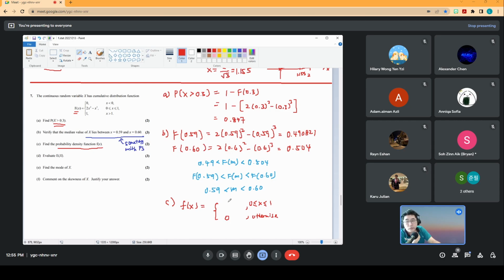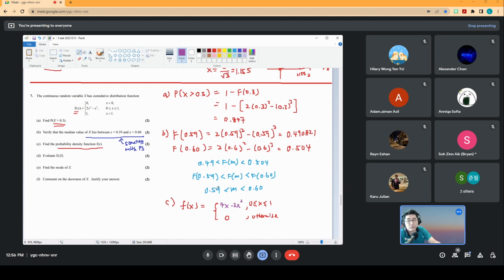What you need to fill in is just the part over here. 4x minus 3x squared is a simple differentiation.